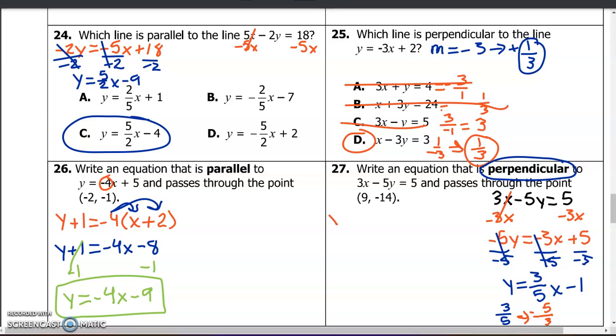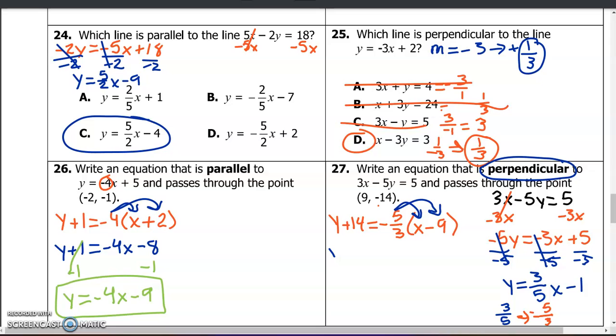So y minus my y value, which in this case is -14. So I'm going to put plus 14 equals, we just said my slope needs to be -5/3 times x minus, and then my x value is 9. Okay. Now my next step is to distribute this -5/3. So I'm going to distribute that here and here.